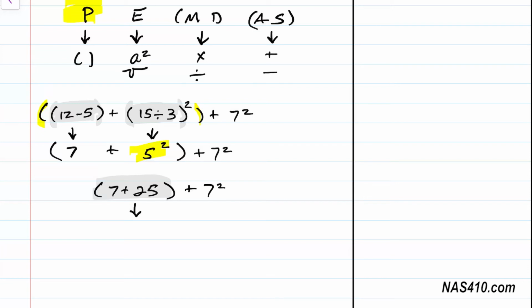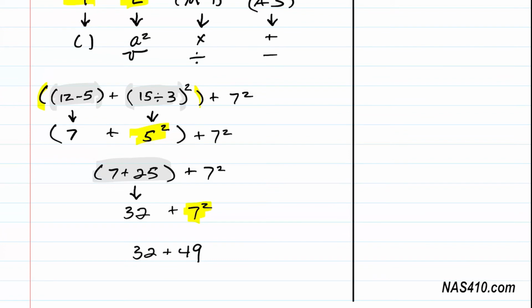I have 7 plus 25, which is 32, plus 7 squared. Continuing on with the order of operations, I have exponents. I have an exponent here. 7 times 7 is 49. So what I'm left with is 32 plus 49. And 32 and 49 make 81.